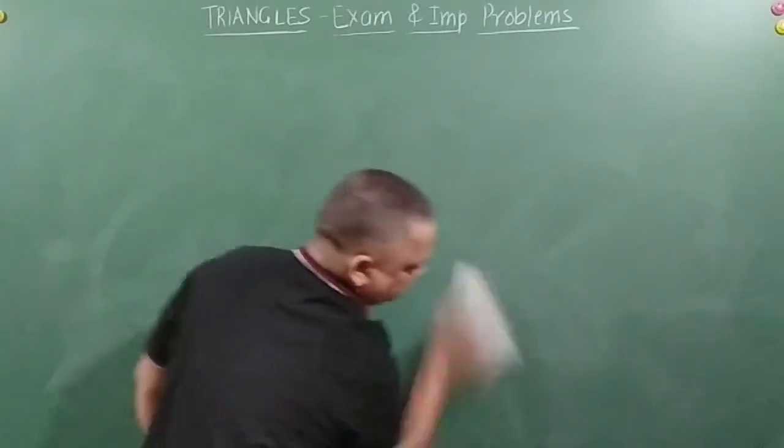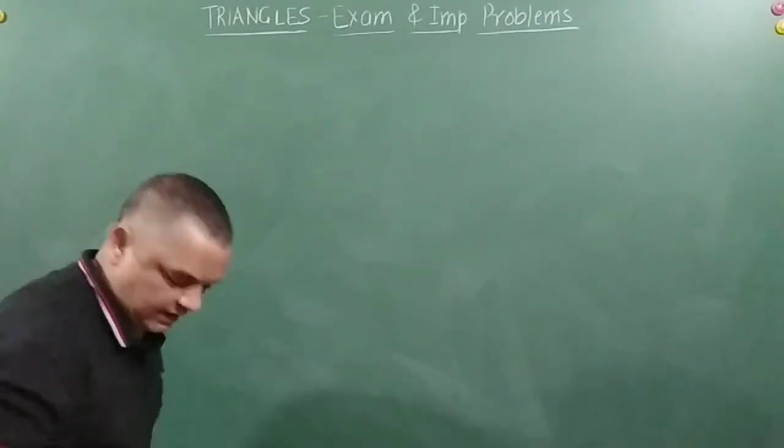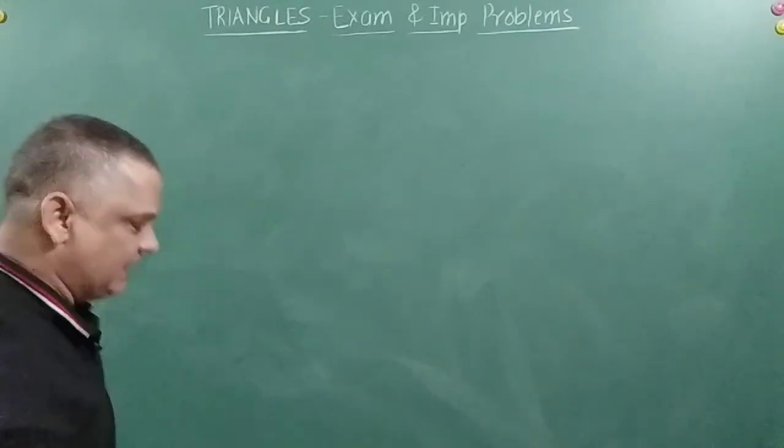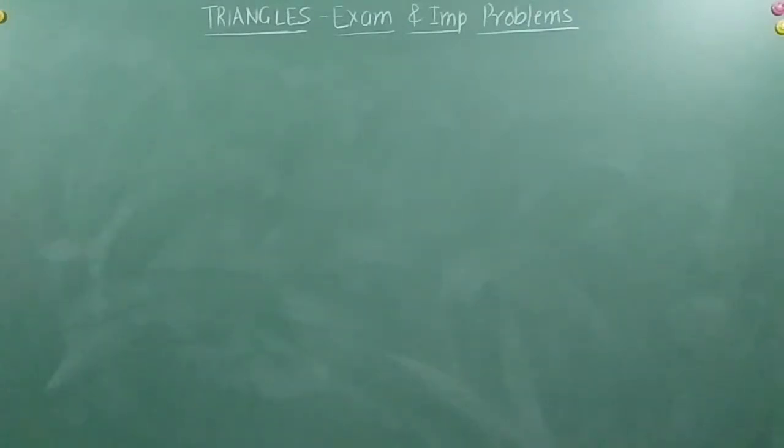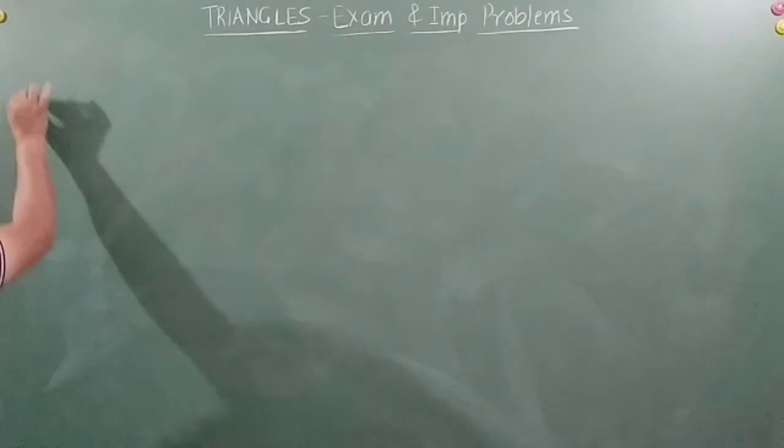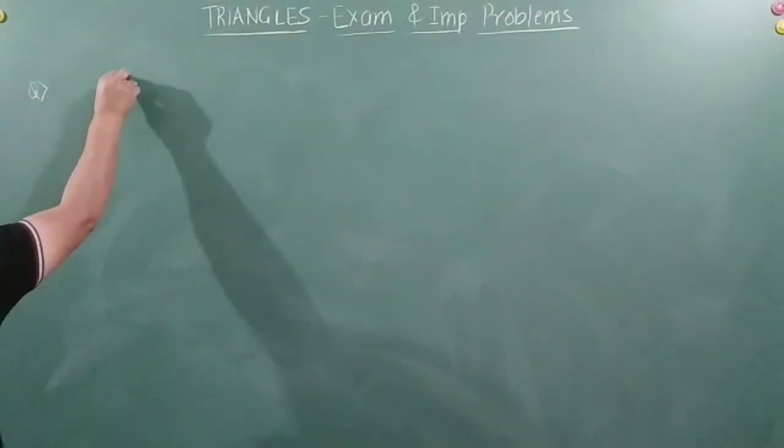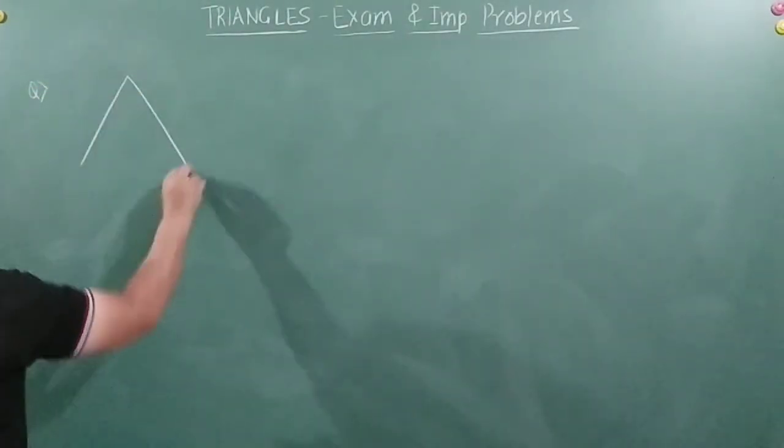You may get a 1 mark question like this. If you know the concept, then it is a 2 minute job. Now, let's move on to: in an equilateral triangle ABC. That is the question. So I will make an equilateral triangle ABC.